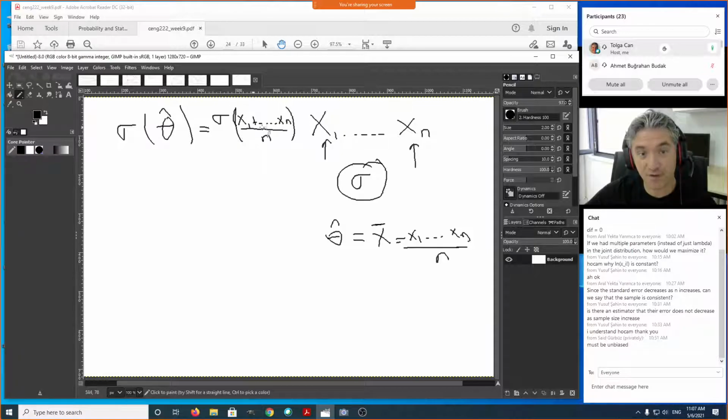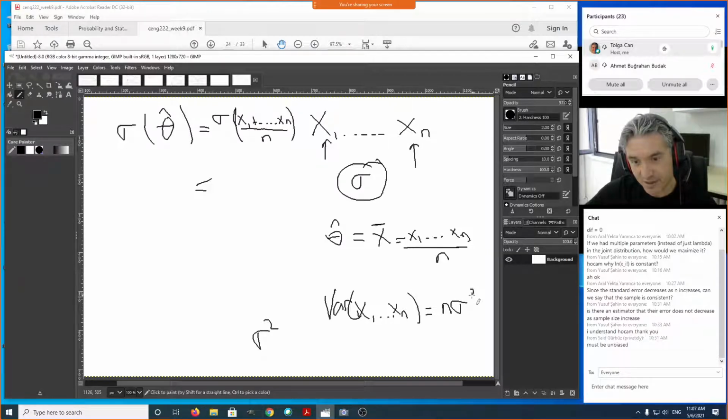What is the standard deviation of this thing? We are wondering about this. If the sigma of these individual ones is given to us as some value, then using linearity of expectation, we know that the variance of a summation of these variables, x1 through xn, each with a variance of sigma square, is equal to n times sigma square, right?